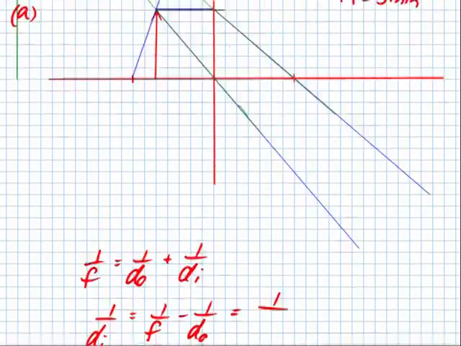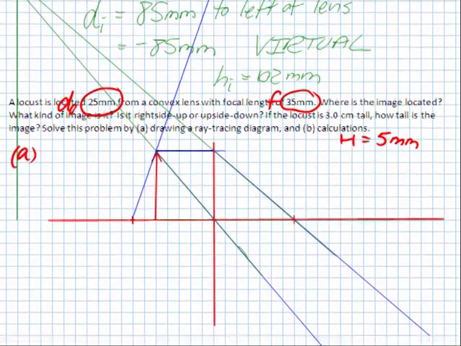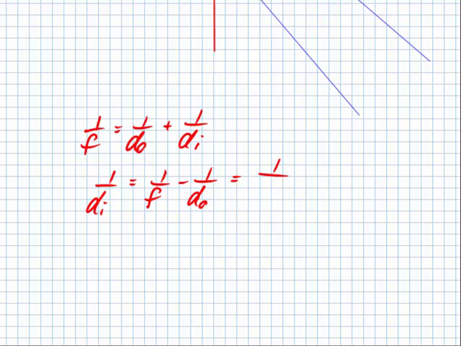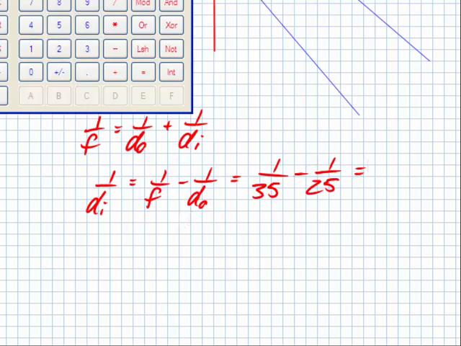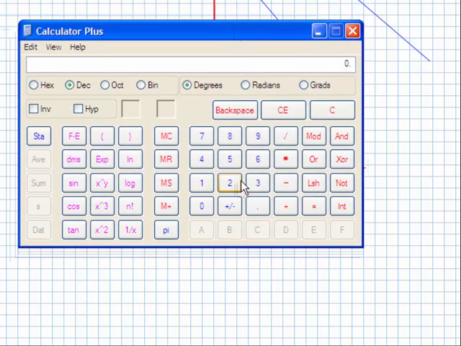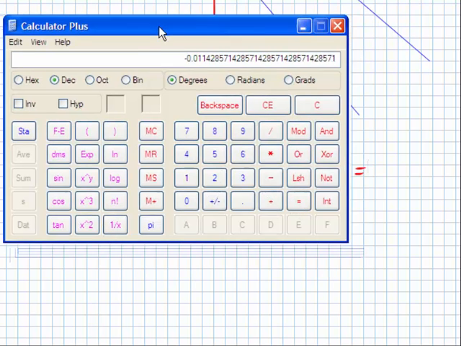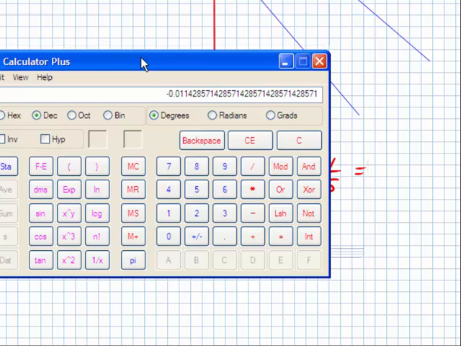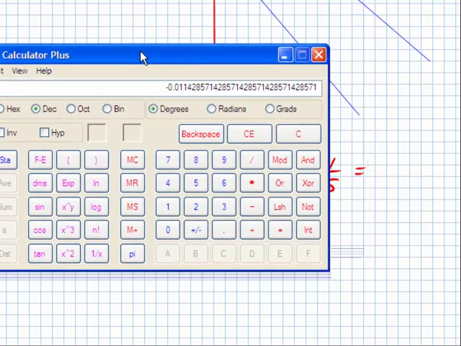F in this problem is 35 millimeters and DO was 25 millimeters. One over 35 minus 1 over 25 gives us negative 0.01143.